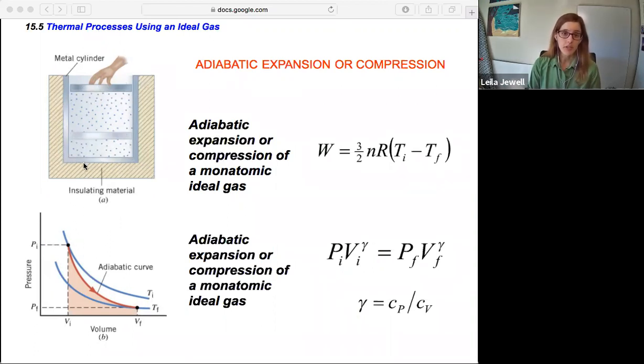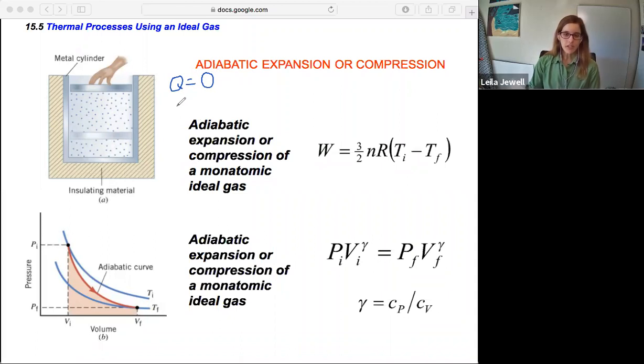That insulating material will make sure that there is no heat flow, right? In other words, that Q must be equal to 0. That's our key thing for adiabatic. So the pressure, the volume, temperature, all of those will change, but there's no heat going in or out.